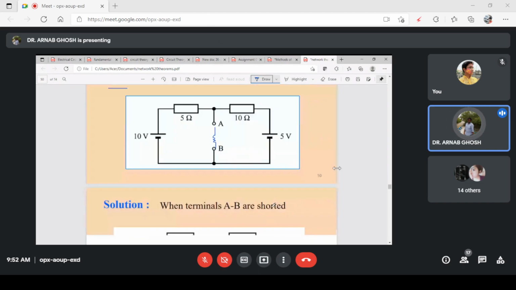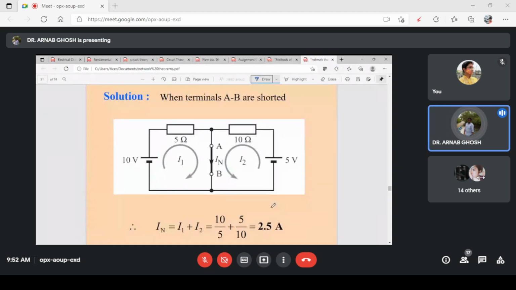So first, as I said, take out the load resistance and short circuit the terminals. So we have short circuited AB. Clear? Now look at the directions of the voltage sources.